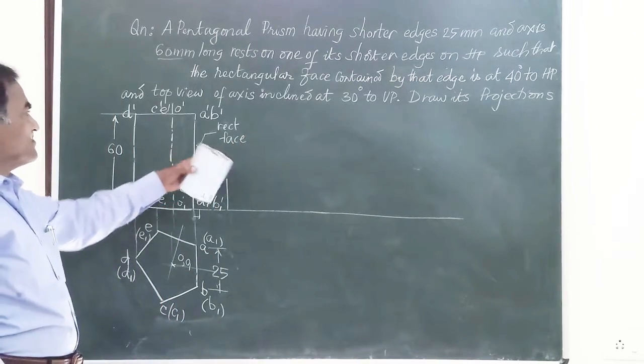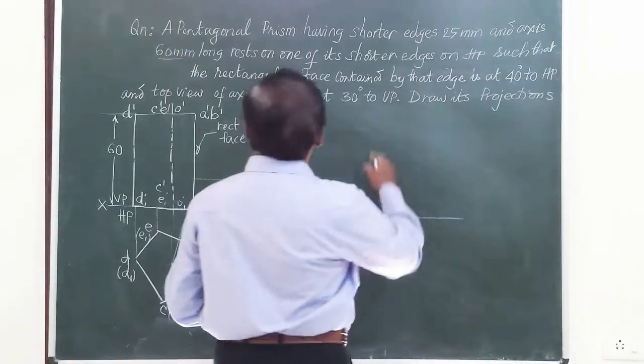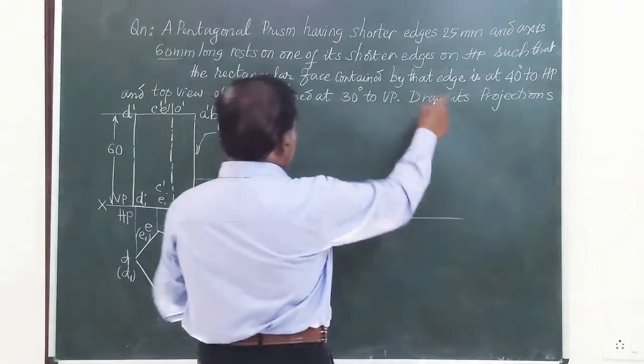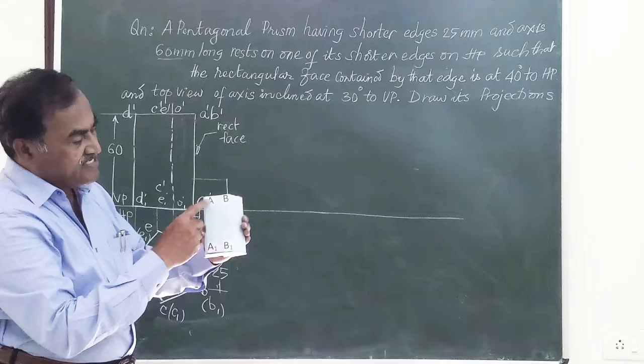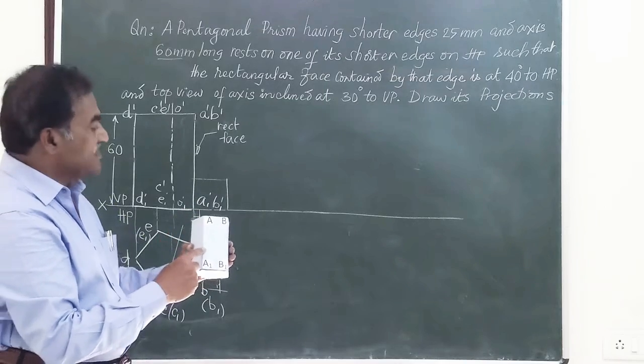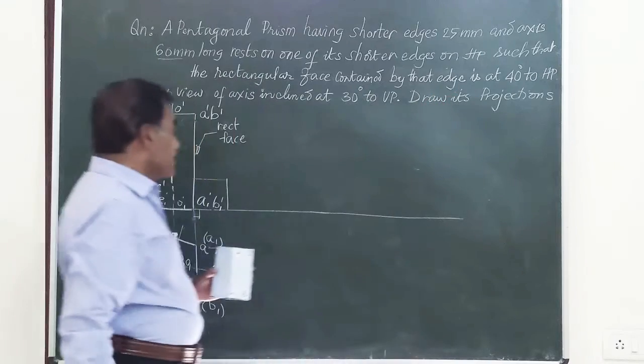The rectangular face of the solid is normal to HP. In the question he says, the rectangular face contained by that edge, the edge A1 B1, the rectangular surface AB B1 A1, is at an angle of 40 degrees to HP.